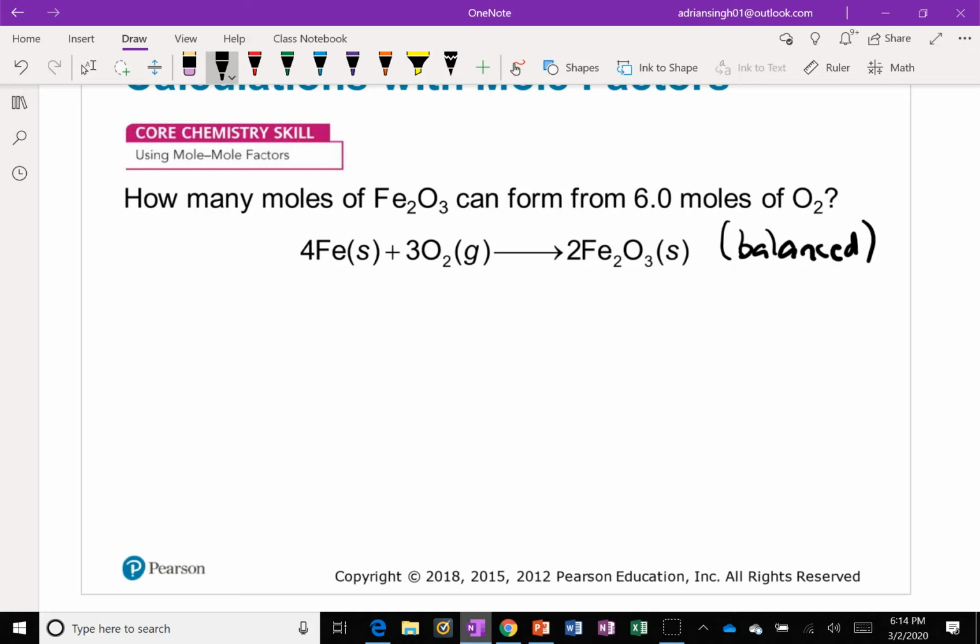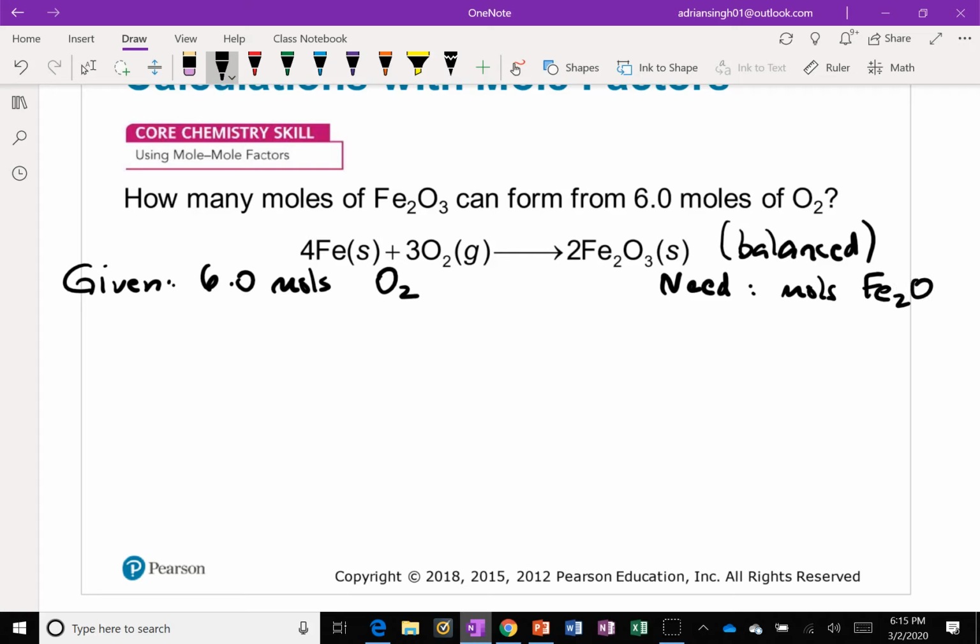Okay, so we're given 6 moles of O2. We need moles of Fe2O3. So we need a relationship between the O2 and the Fe2O3. What is that relationship? Raise your hand.